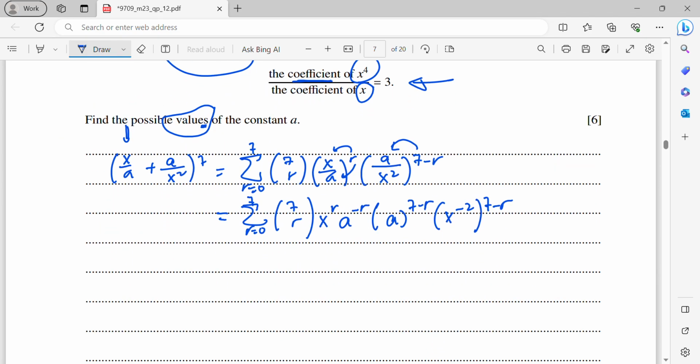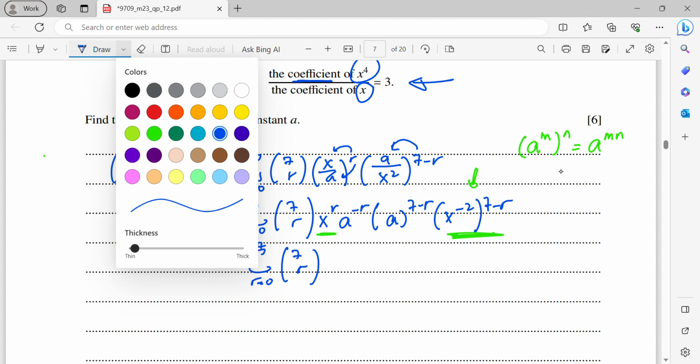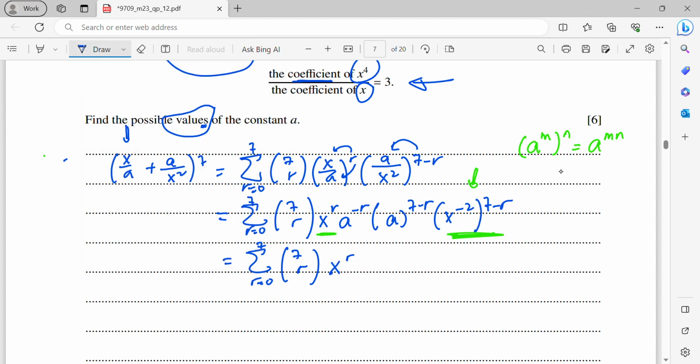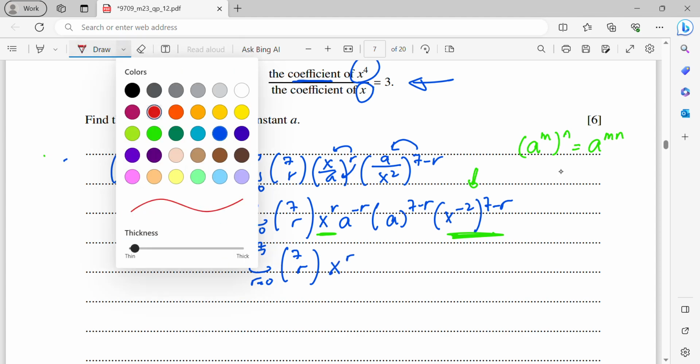Then from here, I can simplify the degrees of a and x. So it will be the summation for r from 0 to 7 of 7Cr. Now, when you look at here, this is x^r, here is the x. We have a formula, especially for the second term: if a to the power of m, then another degree n outside, basically this is a to the power of m times n. So I will write x^r, and at the same time I have to combine both x.